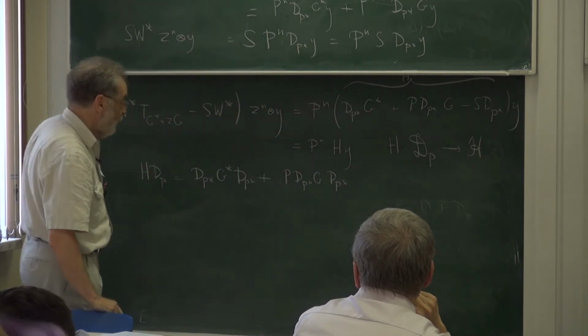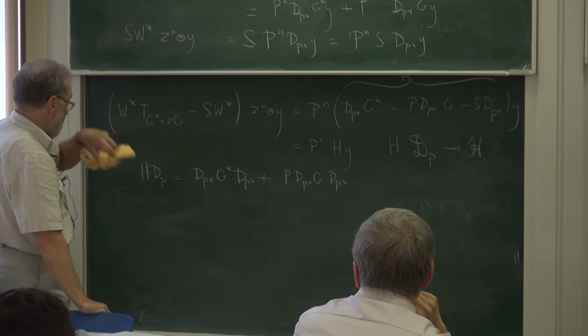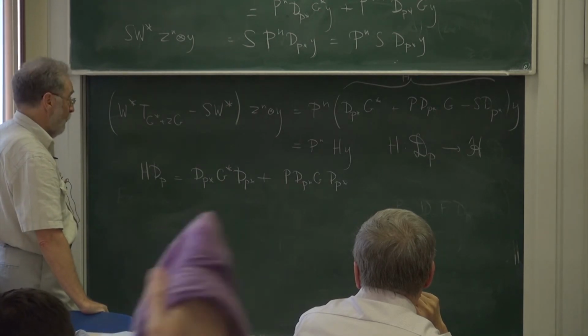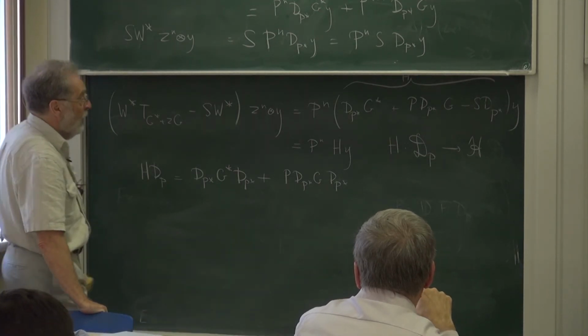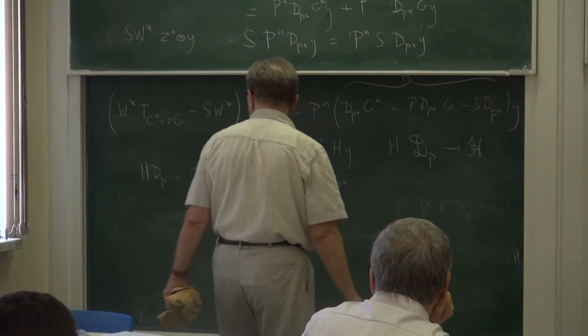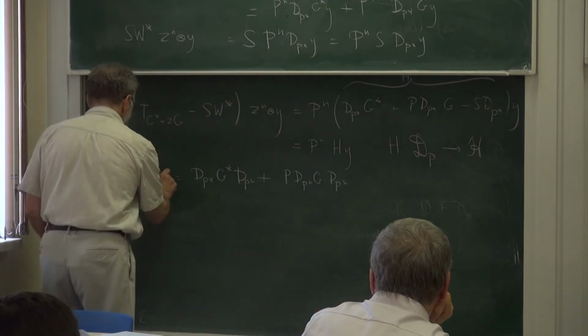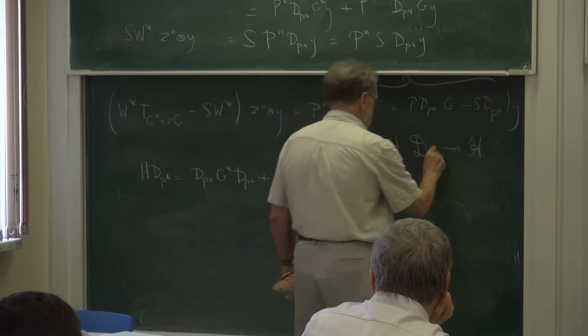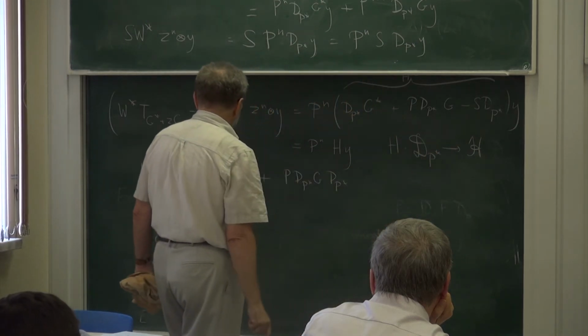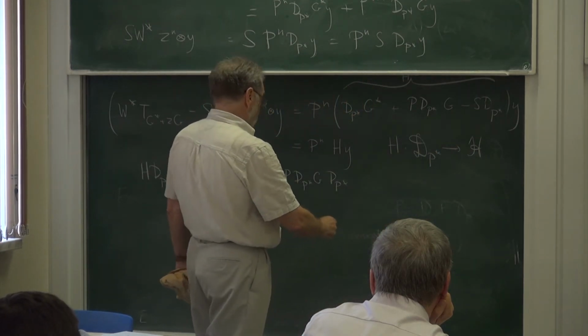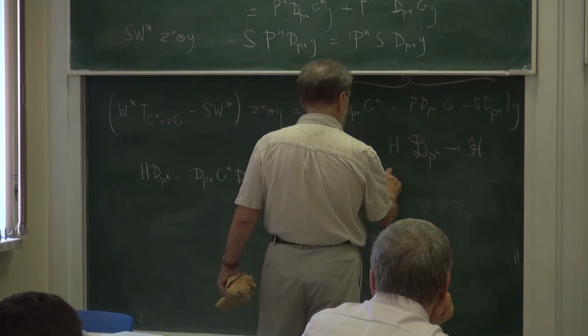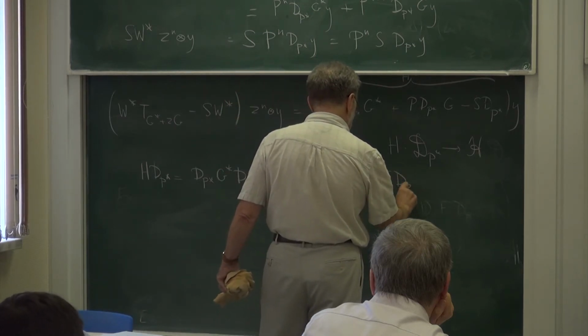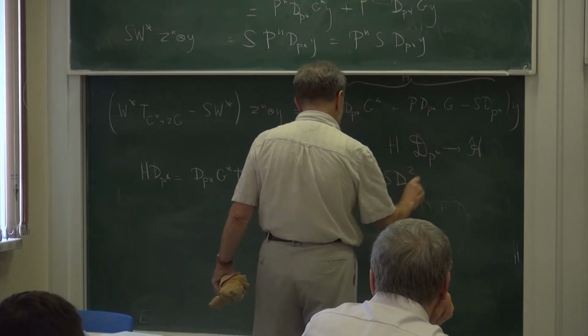This h works from dP star, not from dP. Yes, thank you. Yeah, these should all be stars. You're right. Minus S dP star squared.